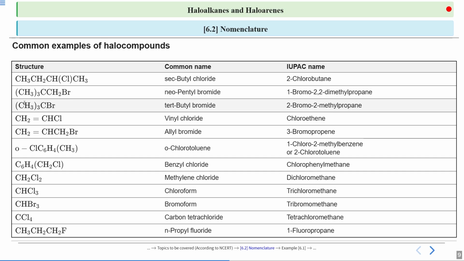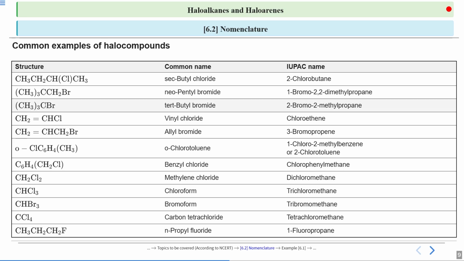One will be contained in the parent chain, and the other 2 will act as substituents. So at the first carbon we have bromine, at the second carbon we have 2 methyl substituents, and the third methyl is contained in our longest possible parent chain. We count it in the propane name, because the first carbon is this, the second carbon is this, and the third carbon is one of the methyls. So the IUPAC name will be 1-bromo-2,2-dimethylpropane.